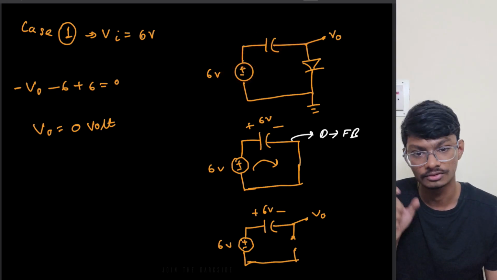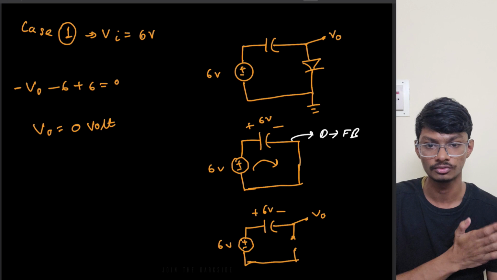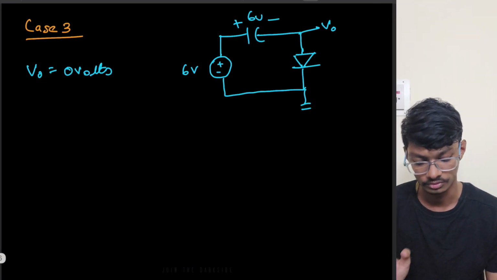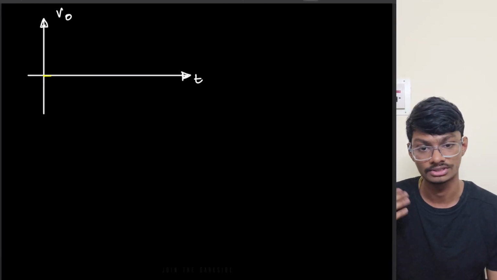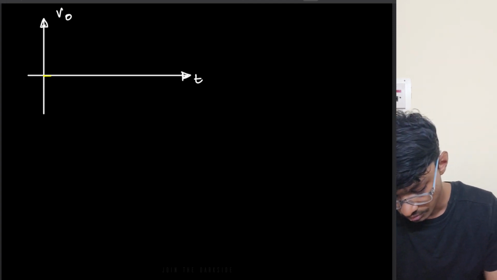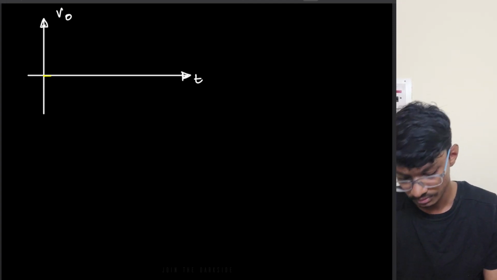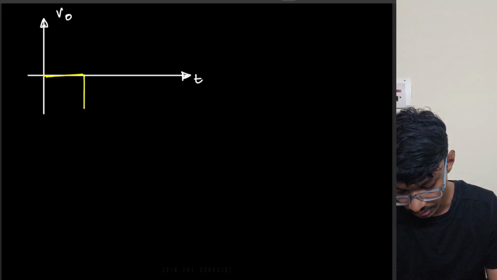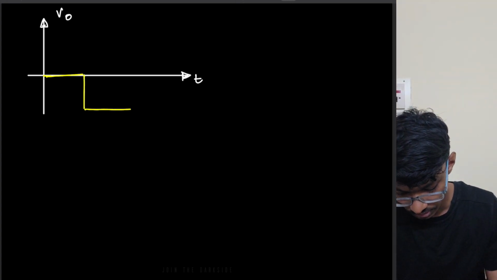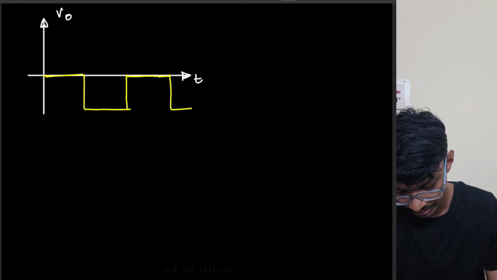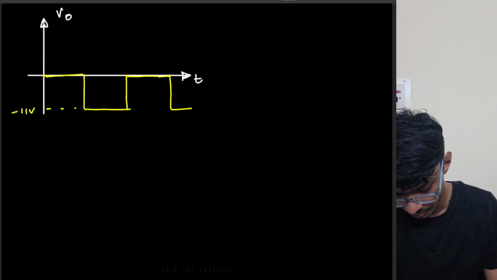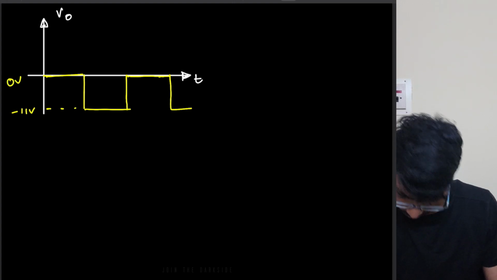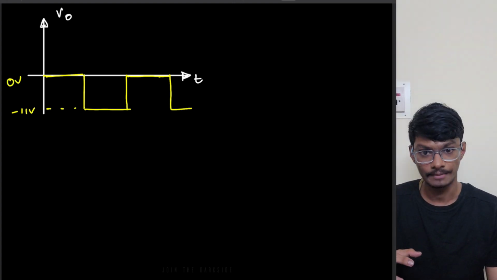So for a certain time it was 6, then it went to 0 at the same instant, at t equals 0, as the capacitor got charged instantaneously. So we won't show that 6 volts here, we will only show 0 volts. Then it went to minus 11 volts, remained there for a half time period, then again to 0 volts, and then minus 11 volts, and so on. So this is basically what is happening.